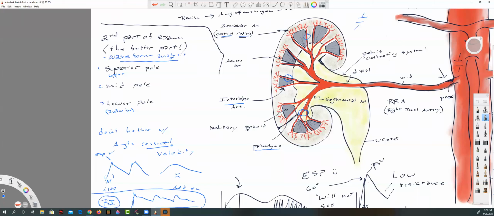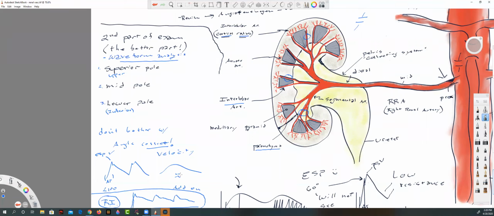Once again, the reason I say it should be the first part is, if I go through the kidney and I see an early systolic peak, or at the least low acceleration times, nice sharp peaks, continuous flow, looks like a nice RI, and I measure the RI, that's normal as well, then I could pretty much assume that the aorta and the renal artery are normal.